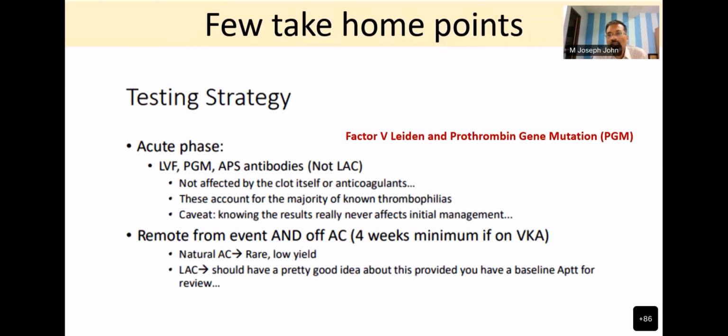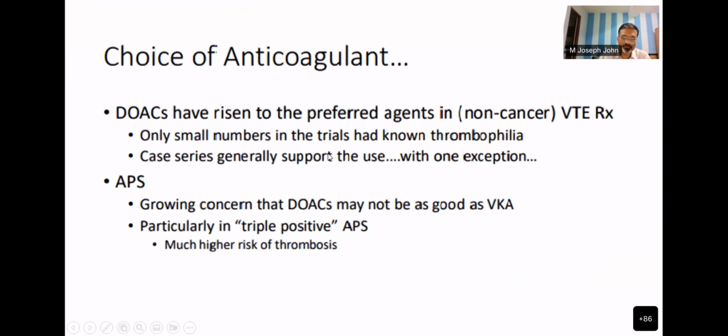If the patient is on anticoagulation, keep it off for 4 weeks before you do other testing. Lupus anticoagulant can give you baseline APTT, can help you whether it is positive or not.